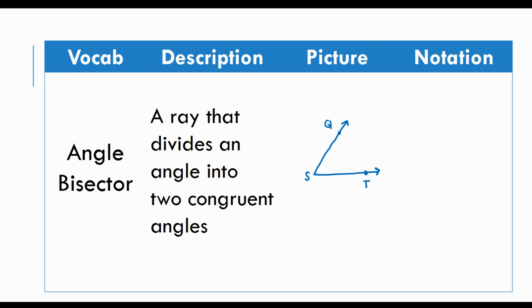All right, so I have to have another ray at that vertex of S. I'm going to call that the ray SR, and then here are my markings. They're the same markings, which indicates I have two smaller congruent angles. So in this, it's the ray SR that bisects the angle QST.